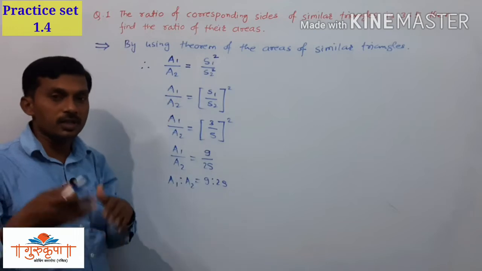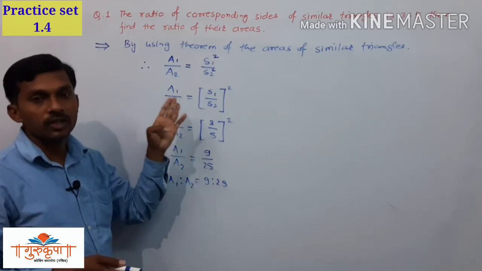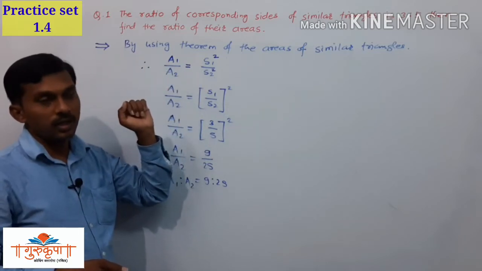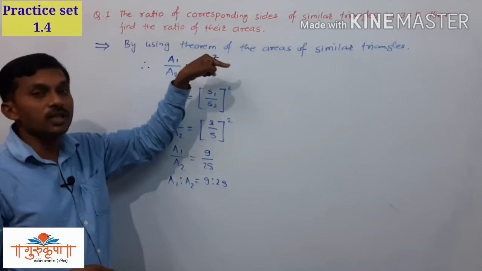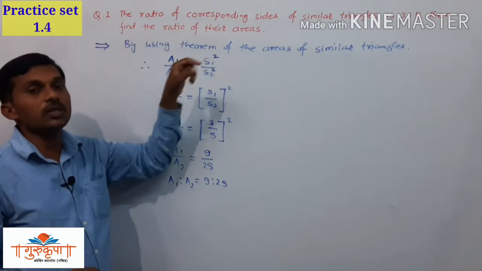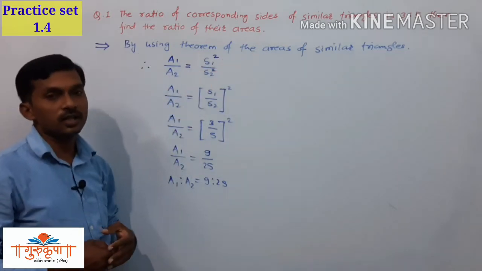That much difference is there between these properties. We studied four properties of the areas of two triangles at the beginning of the lesson, and here at the end of the lesson we are studying the property of the ratio of the areas of two similar triangles, or you can say the theorem of the areas of two similar triangles.